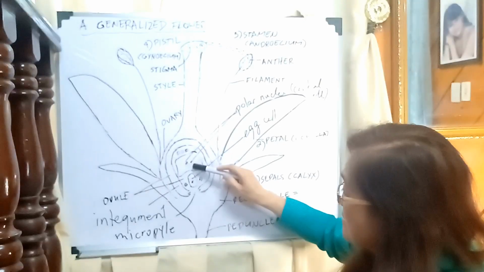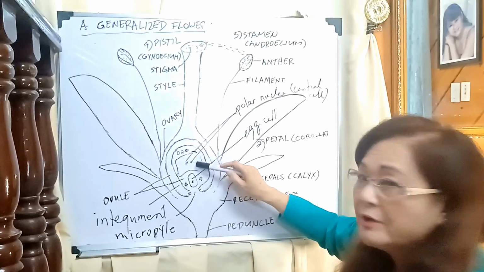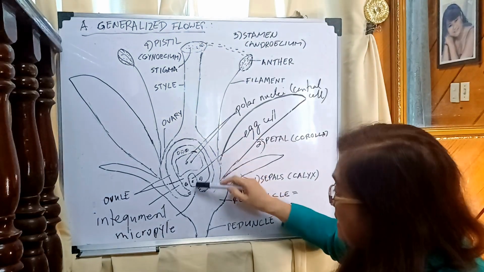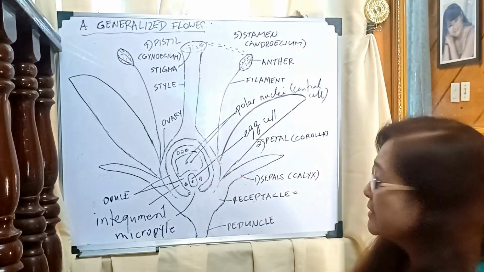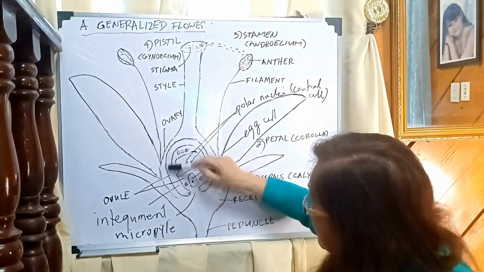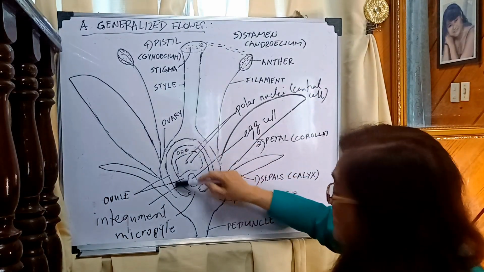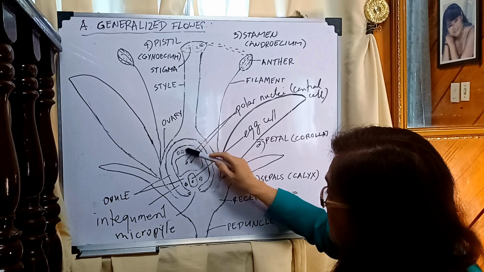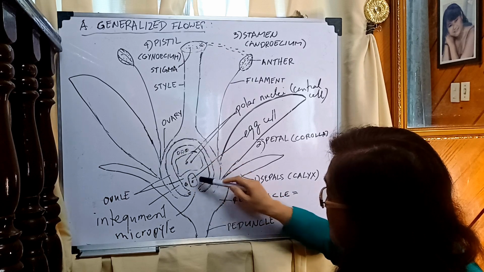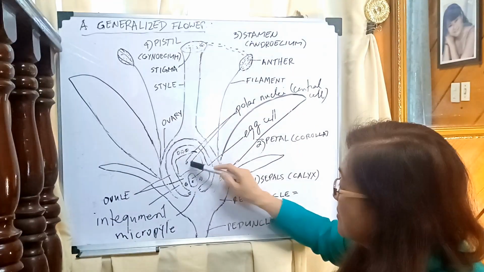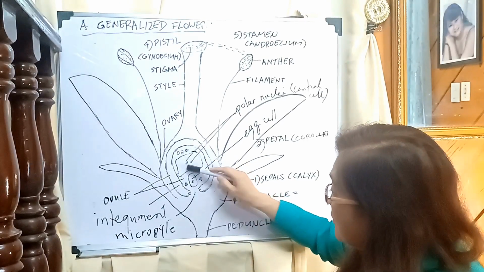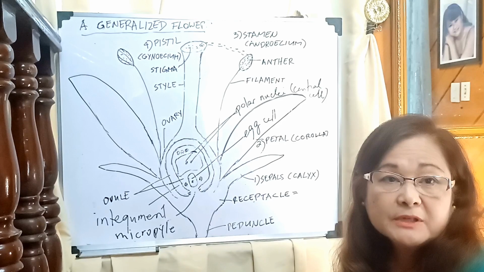When fertilized, this one will become a triploid endosperm, which will serve to nourish the developing embryo. So as you could see here, this is the entire ovule now, surrounded by the integument, and there are seven cells here, 1, 2, 3, 4, 5, 6, 7. But this one has two nuclei. So if you consider the nuclei, there are 8 nuclei there.